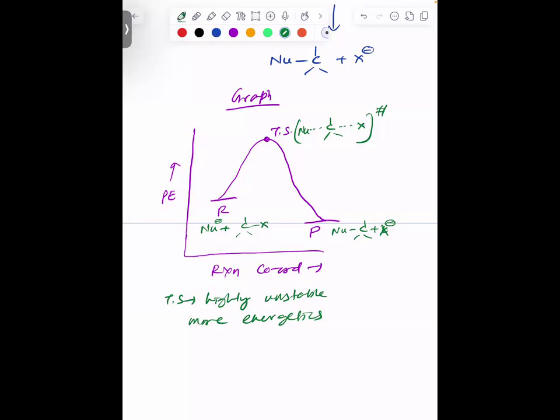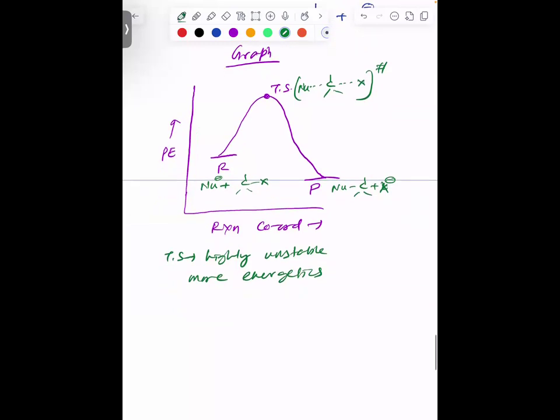Okay, graphical representation of SN2 reaction. So, friends, I hope all of you have drawn. Any doubt up to this?